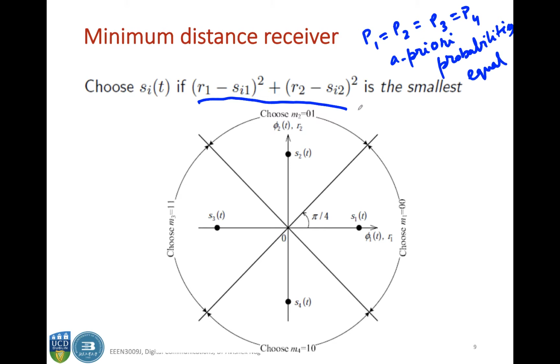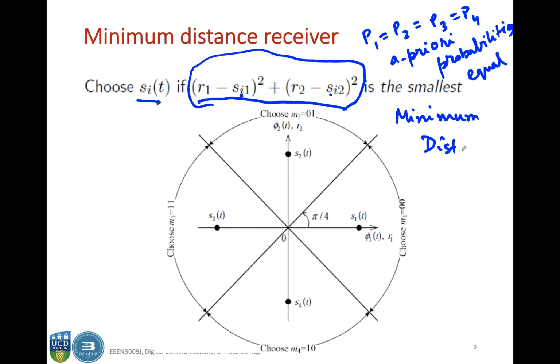Basically you are looking at this term, which is nothing but the distance of the received signal from the ith transmitted signal. So this term is the distance of the received signal from Si, and you choose Si if this is smallest. So again, this is your minimum distance receiver.